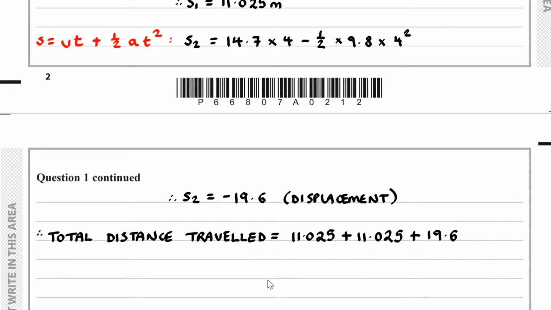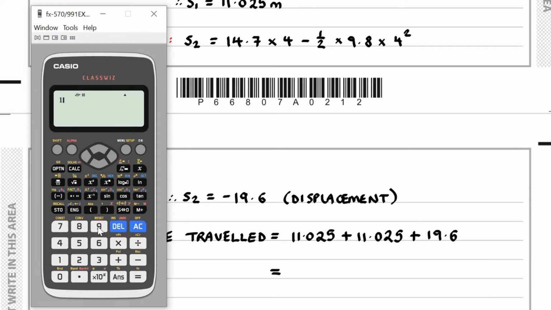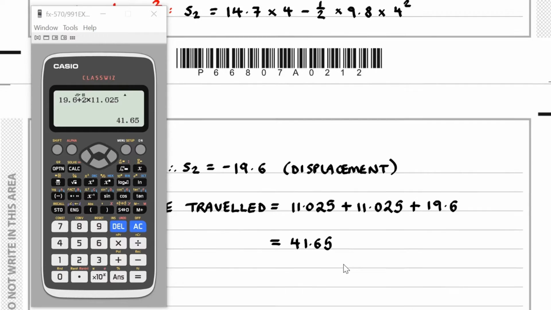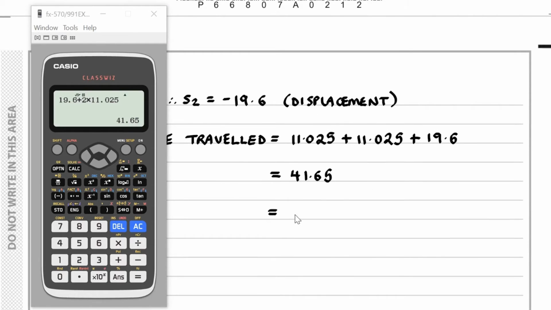Remember, distance is positive. So if we work all of this out, 19.6 plus 2 lots of 11.025, we get 41.65, or in other words, 41.7 meters given to 3 significant figures.